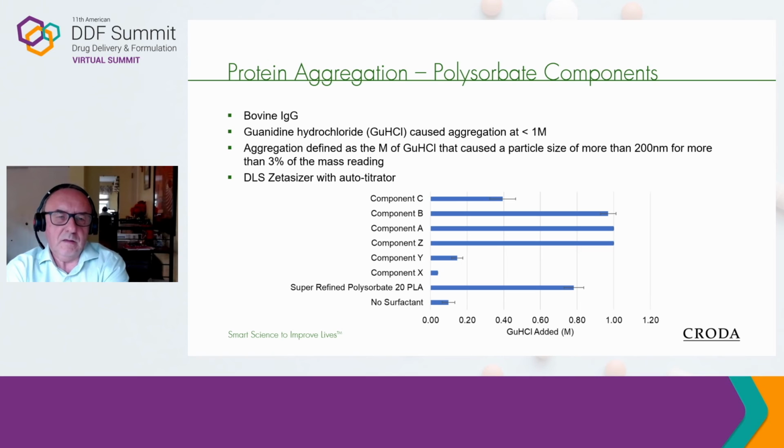And again, we're seeing that there are some differences in the way these components are performing this time around, where components B, A, and C are again giving very good protection against aggregation, whereas components C and Y are showing less, and component X showing very little indeed. So again, it's interesting to note that there is variability in the way these components can impact or prevent protein aggregation, depending on the type of protein under study.